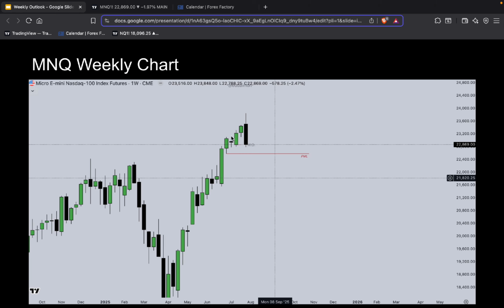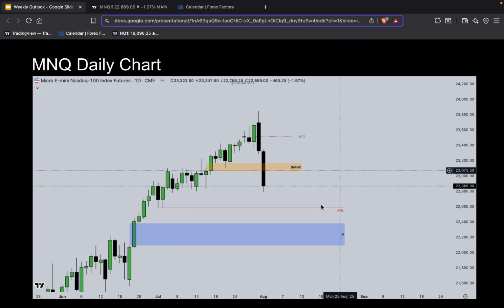So I think next week it could trade to that weekly gap, and if the price is really bearish, it should trade through this fair value gap and treat this as an inversion fair value gap. So maybe it might support the price and send the price higher and higher.